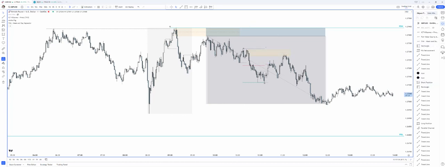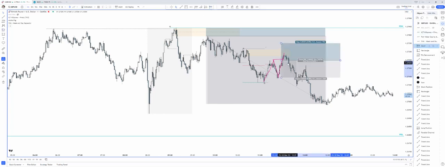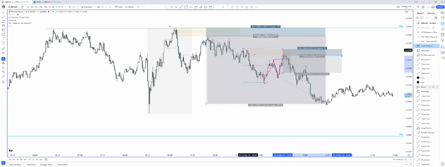And then the most important thing was what? This was kind of what? T2, T2 V2, version 2. So second entry was here. The stop loss is just above this guy, and this was the 4 hour trade.